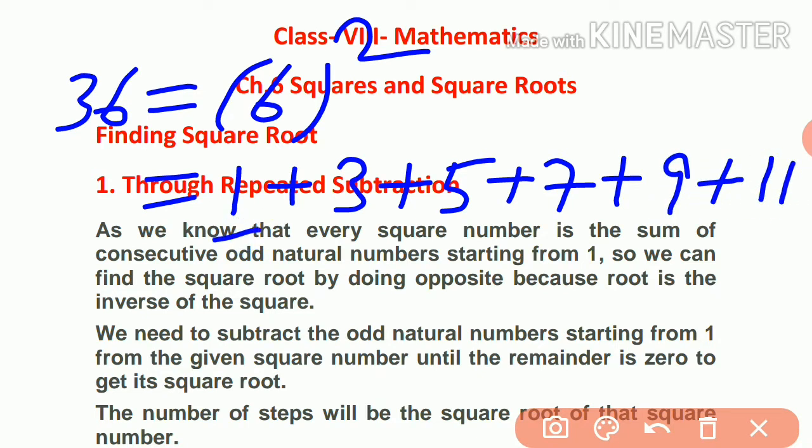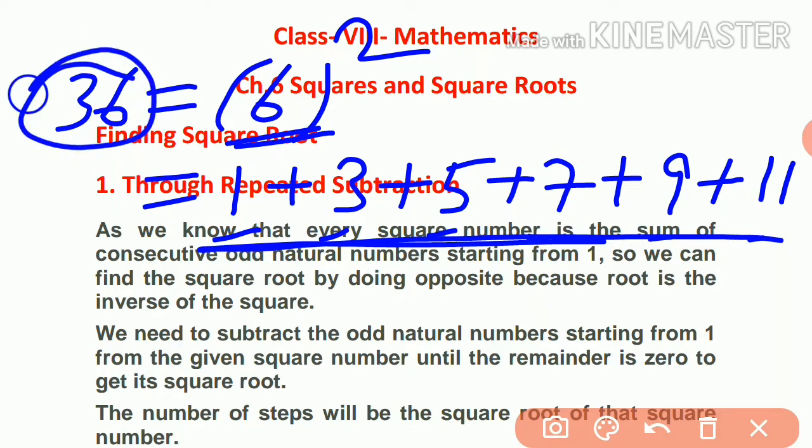That is 1, 2, 3, 4, 5, 6, six numbers. When we add these 6 numbers, we get 36. So the square root is the reverse process of a square.